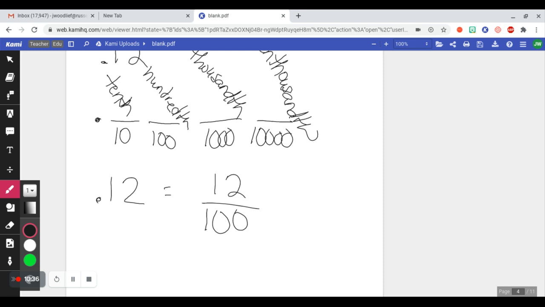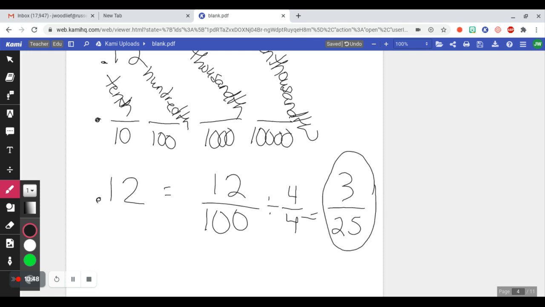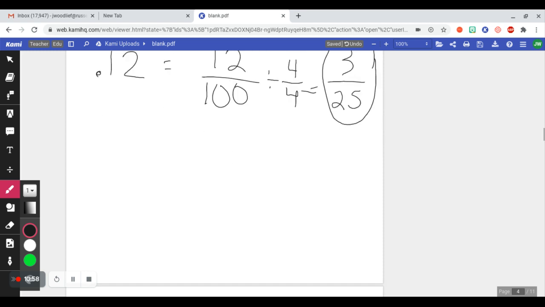Now, what I notice here is that 4 can go into both. So 12 divided by 4 is 3, and 100 divided by 4 is 25. So my fraction of that decimal is 3 over 25. If you didn't know that, you might have had to divide by 2 twice, so you would have gotten the same result.